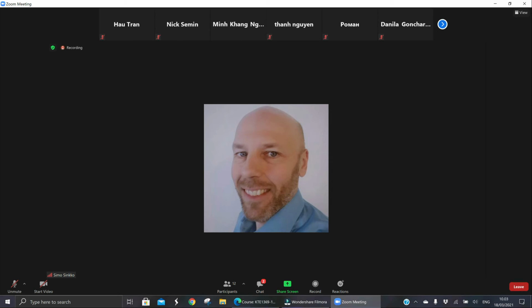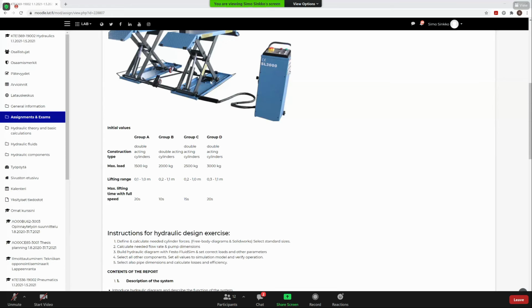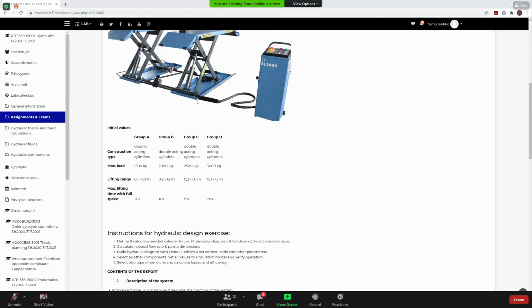Let me share the screen once again. If we have a look at this point here, we see now that the pivot points are in the middle, and there is still some material in both directions. So they are not just lines, but there is some structure that has some thicknesses and width and so on.